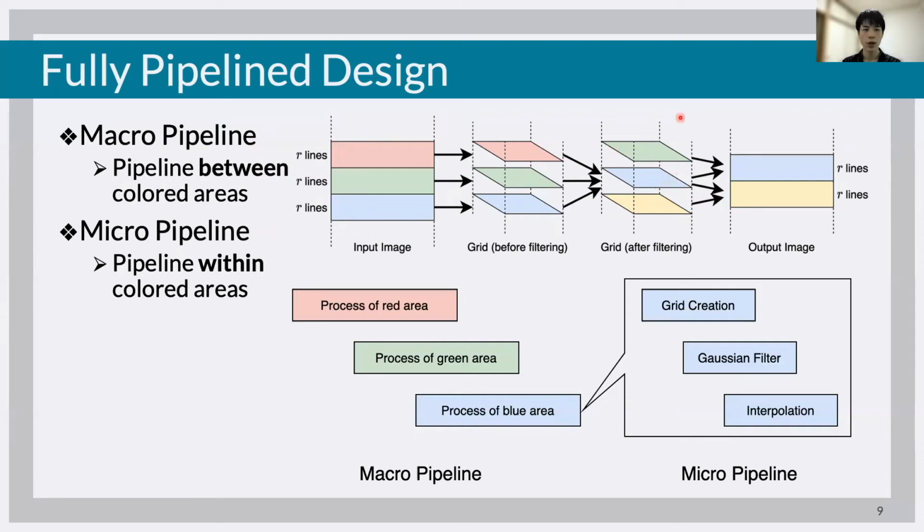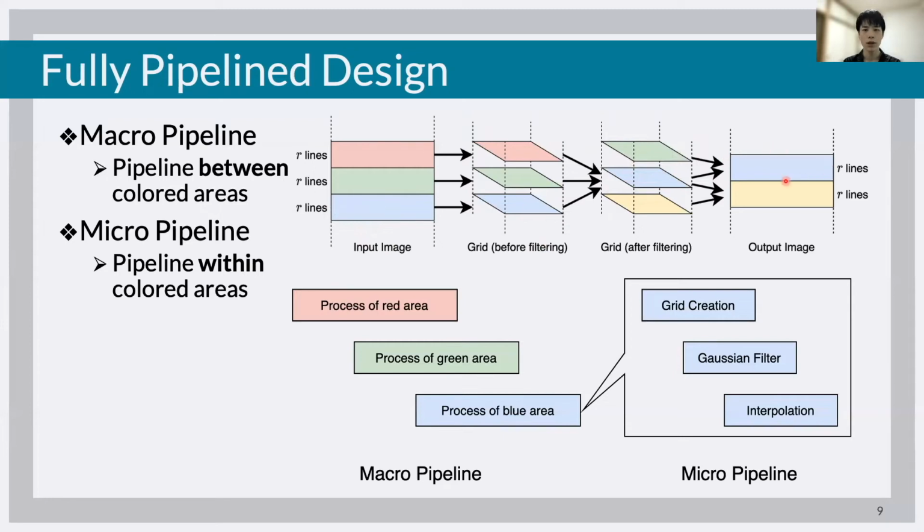But this green area is completed, so we just need this blue area. And in order to get this blue area, we need 3 planes in the grid before filtering. And to get this blue area, we need R lines of input. So in summary, if we get these R lines of input, we can get these R lines of output.